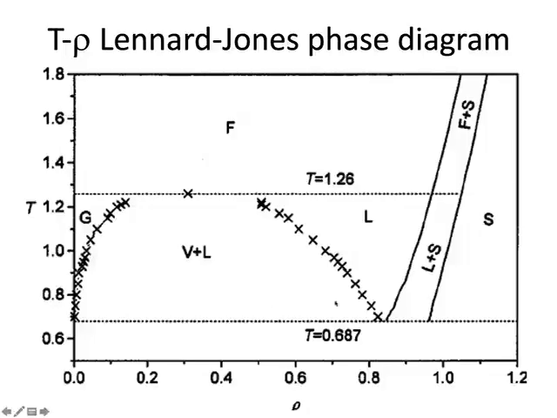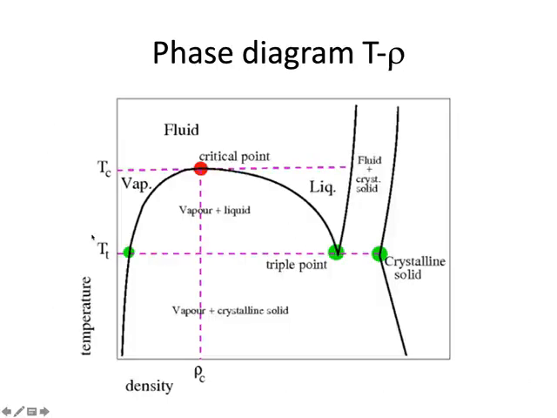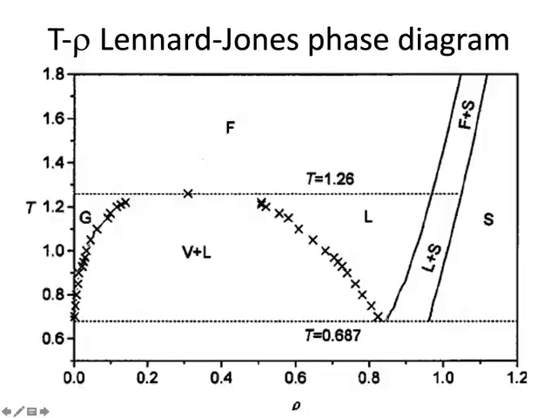But now you see this is the phase diagram of the Lennard-Jones system. It has exactly the same shape as the generic phase diagram, with the gaseous phase, the vapor-liquid coexistence region, the liquid phase, liquid-solid coexistence, and the solid phase.